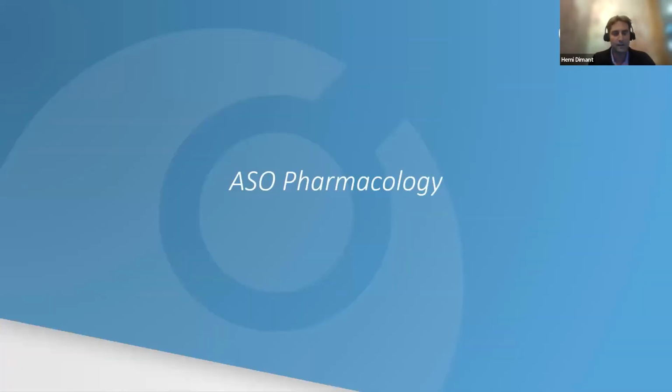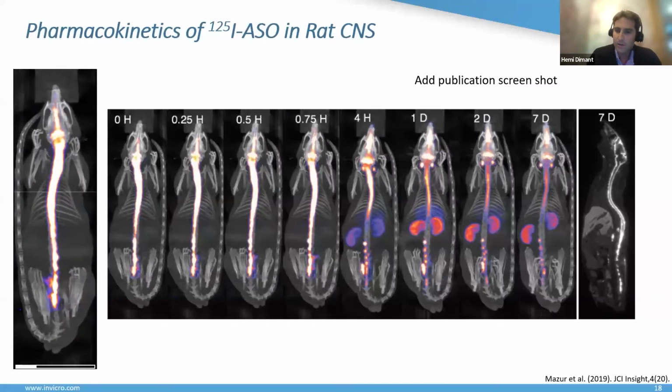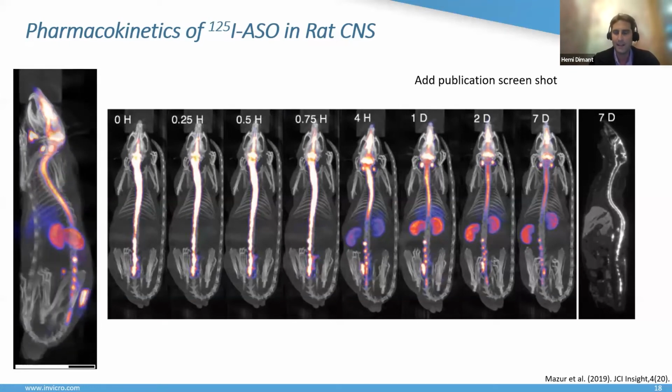Another case study that I would like to present is work that was published, work we did with Biogen and Ionis, looking at ASO pharmacology. Here again, in a similar approach, we've used nuclear imaging to look at kinetics.